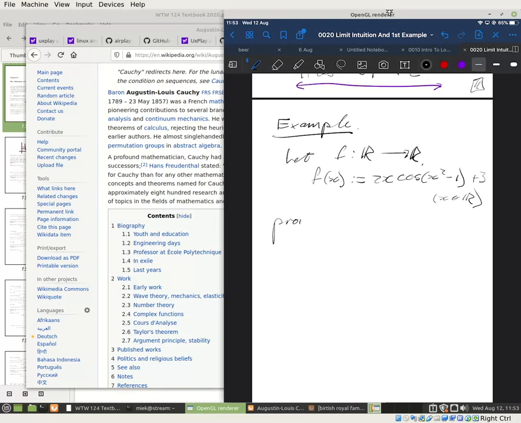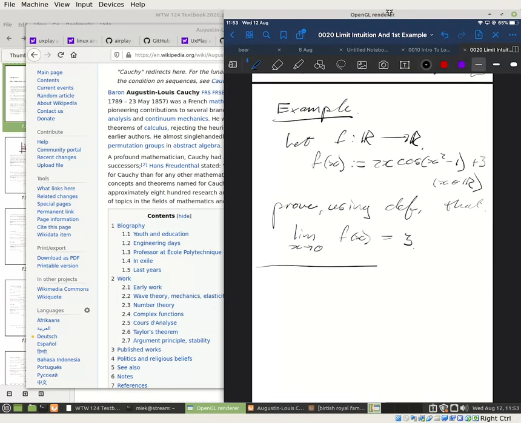Prove, using the definition, that the limit as x tends to 0 of f of x is equal to 3.